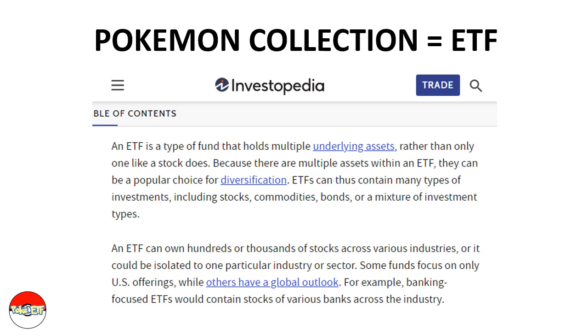And there are ETFs that just keep track of the index. But if you're not into ETFs, that is totally fine. Here is a very simple definition of what an ETF is. An ETF is a type of fund that holds multiple underlying assets rather than only one like a stock does.